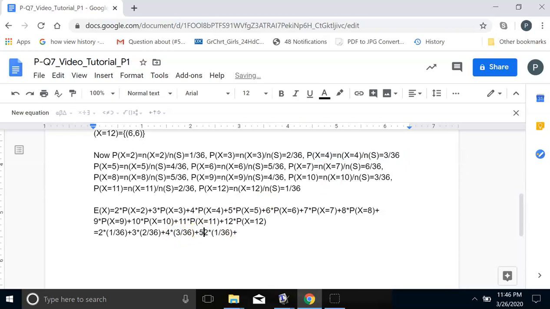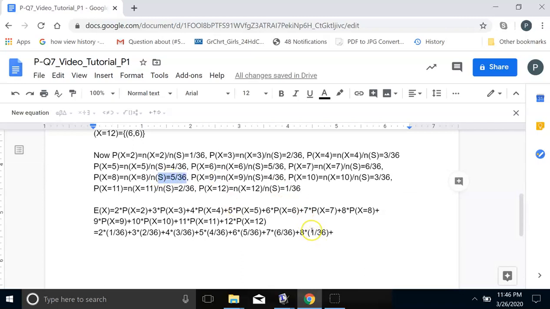Then 5, probability 4 over 36. Then 6, probability 5 over 36. Then 7, probability 6 over 36. Then 8, probability 5 over 36.